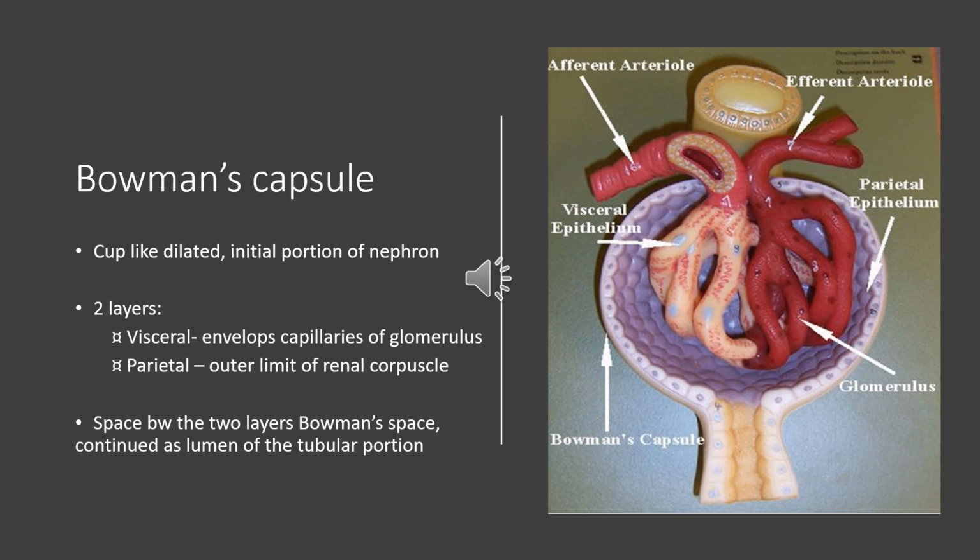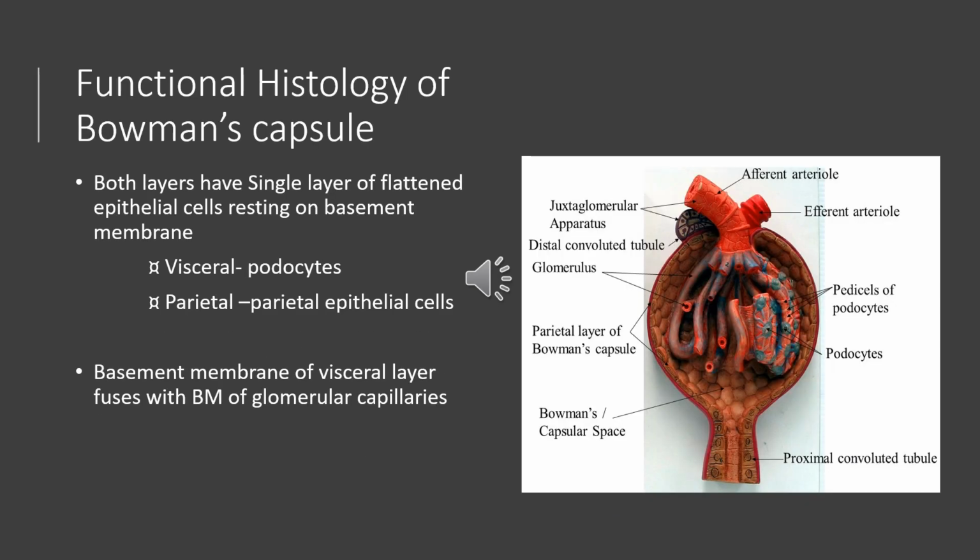And there's a cleft-like space in between these two layers called the Bowman space, and this Bowman space is continued as the lumen of the tubular portion of the nephron. When we look into the functional histology of Bowman's capsule, we can see that both the layers are having a single layer of flattened epithelial cells which are resting on the basement membrane.